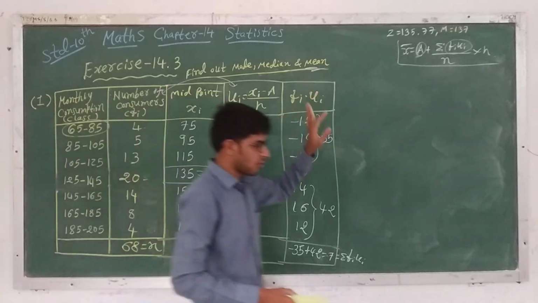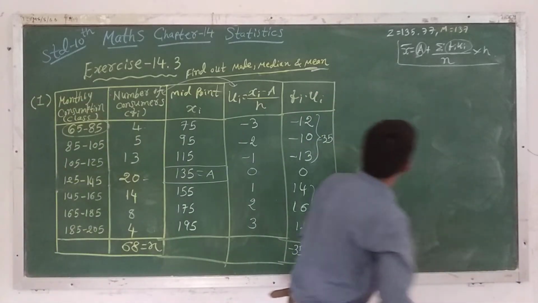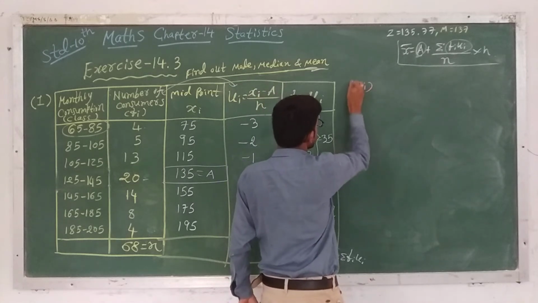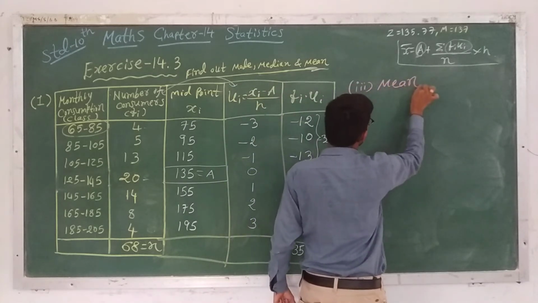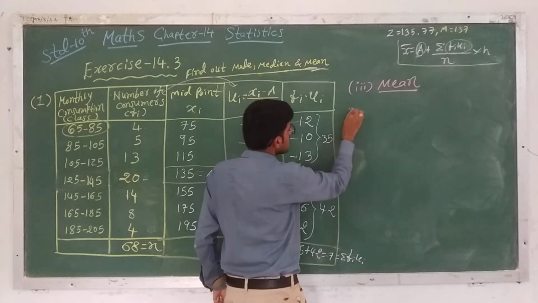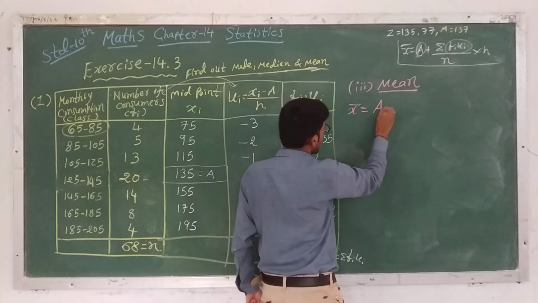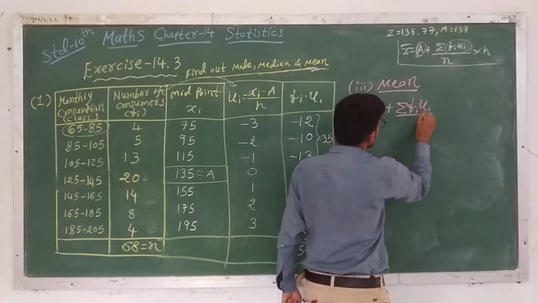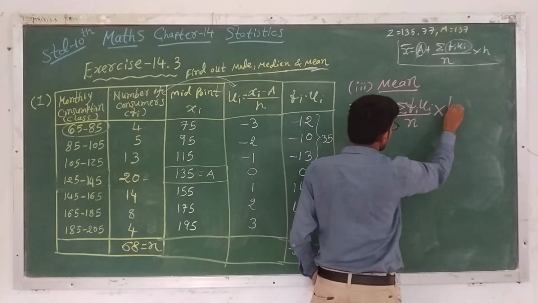Now we have to apply the formula of x bar, the mean. The third one and last is the mean. It is denoted by x bar. X bar is equal to A plus sigma FI/UI divided by n, multiplied by h.